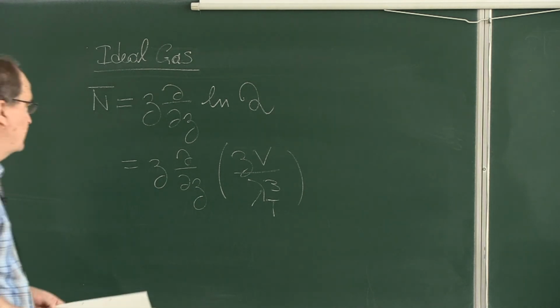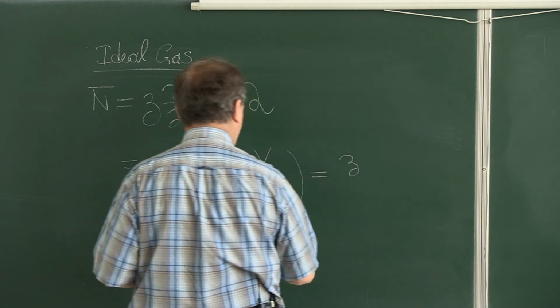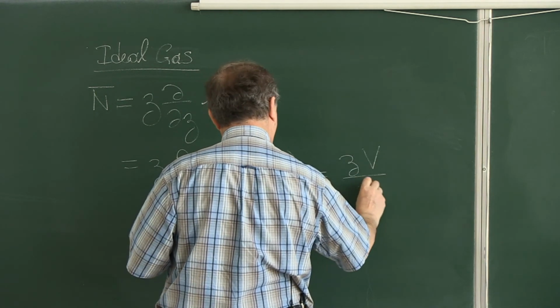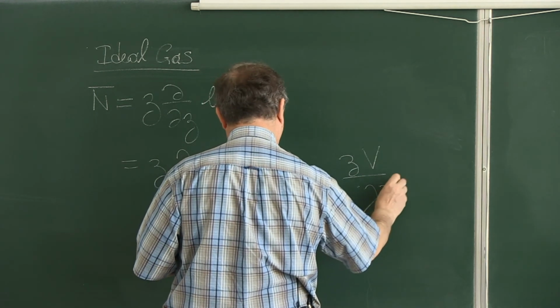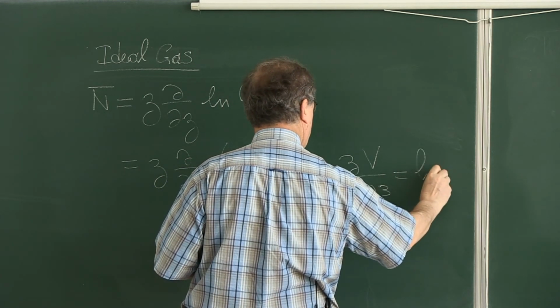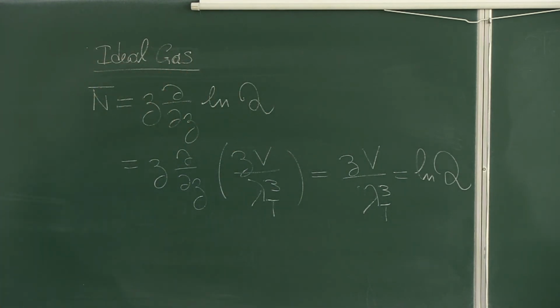Check it. So the result will be, since you are multiplying again with z, z V over lambda T cubed, which is nothing but ln of the grand canonical partition function.